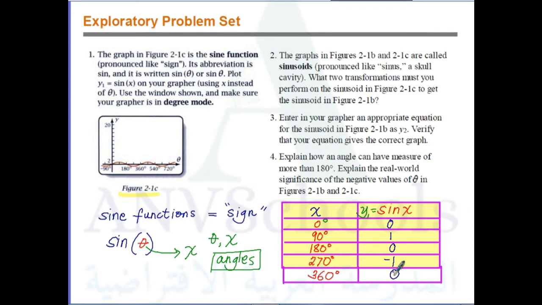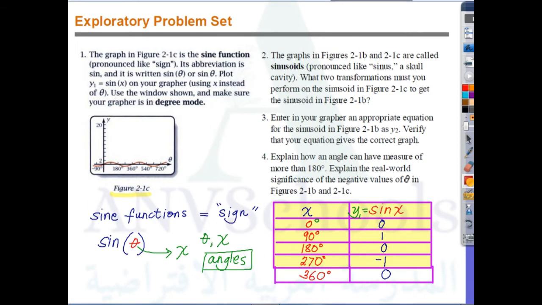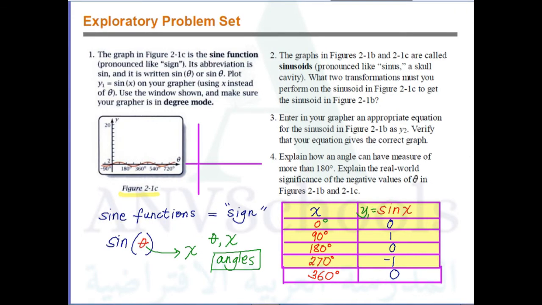So now let's try to graph it in this small space. This would be our y-axis, and this would be our x-axis. You could see that y1 is equal to sine x is traveling from -1 for y up to +1 for y.